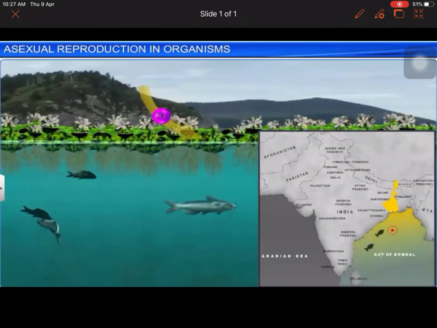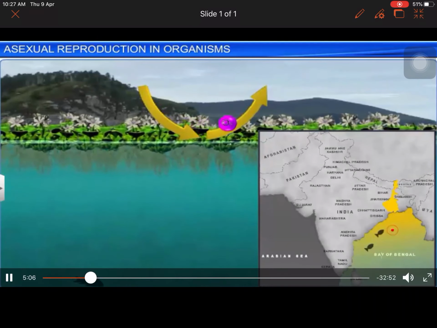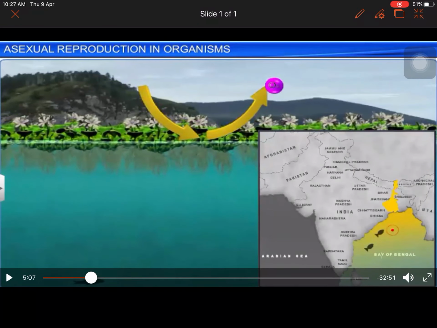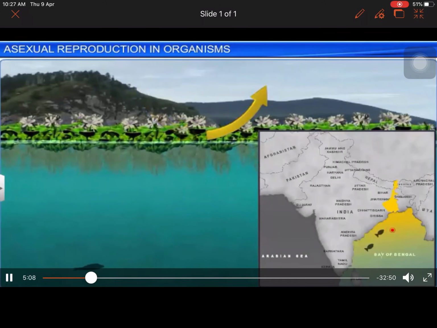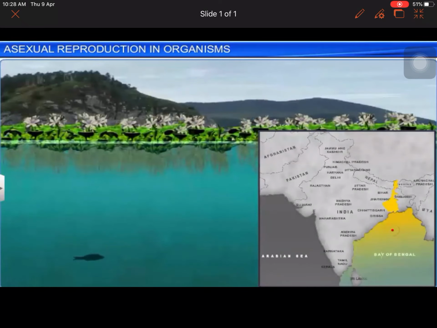Water hyacinth, an aquatic plant with a phenomenal rate of vegetative propagation, is choking the Bay of Bengal and killing millions of fish, thereby ruining the livelihood of the fishing community.